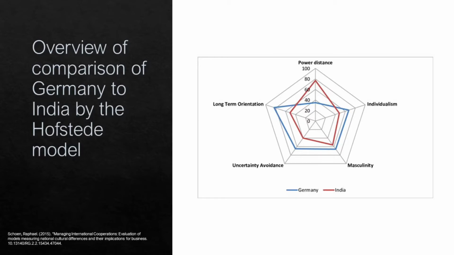So when we have a team that includes both nationalities or both ethnic backgrounds, we might have some friction when it comes to power distance, how individuals perceive power and respond to positional power compared to other team members or other individuals in the organization.